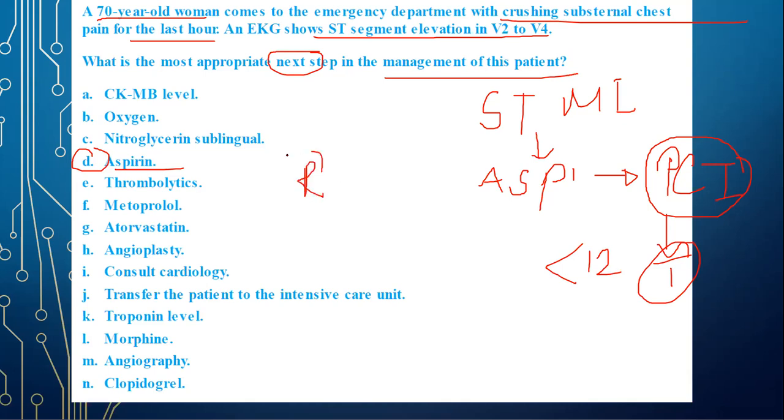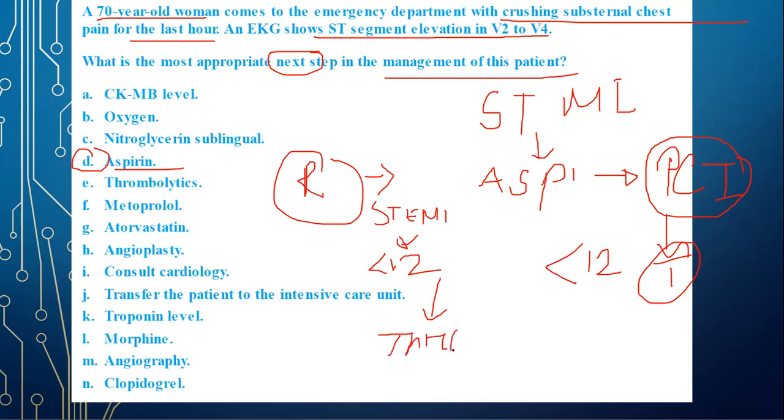What if it's a rural hospital, ST elevated MI, and the patient presented to you less than 12 hours? Then you can go for thrombolytic therapy, which is streptokinase, alteplase, reteplase. Anytime it is more than 12 hours, you cannot do thrombolytics and you cannot go for PCI.